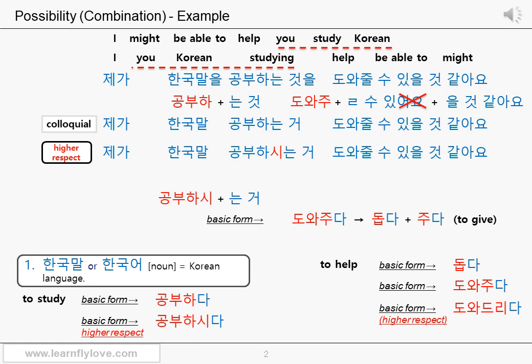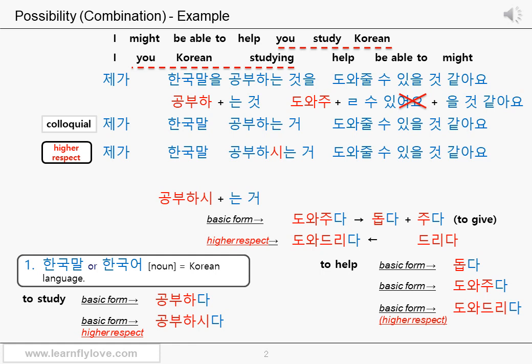The higher respect form of the verb 주다, which means to give, is 드리다. It's one of the special higher respect forms. So you use 도와드리다 instead of 도와주다.